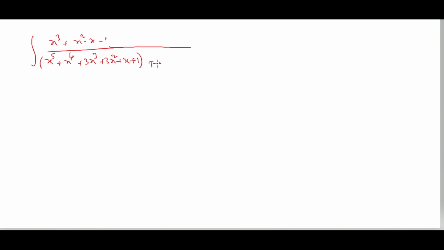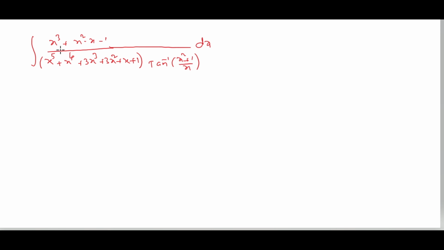Now the given problem is integration of (x cube plus x square minus x minus 1) by (x to the power of 5 plus x to the power of 4 plus 3x cube plus 3x square plus x plus 1) into tan inverse of (x square plus 1 by x) dx.